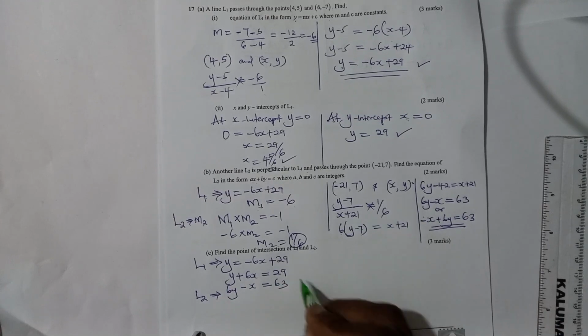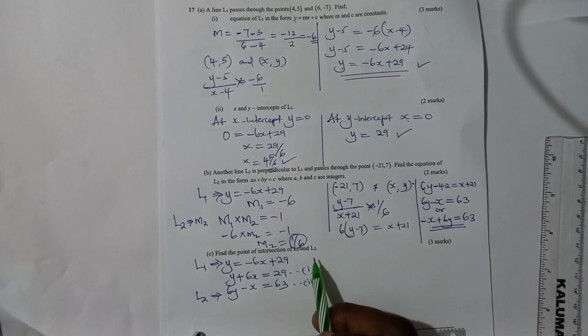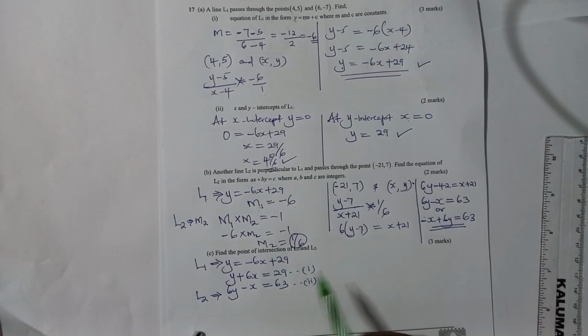Having these two equations, to get the point of intersection of L1 and L2, we simply solve them simultaneously. That is why you can see me organizing them like this. When you solve the two equations simultaneously, you'll get the values of x and y, and these will give the coordinates of the point of intersection.